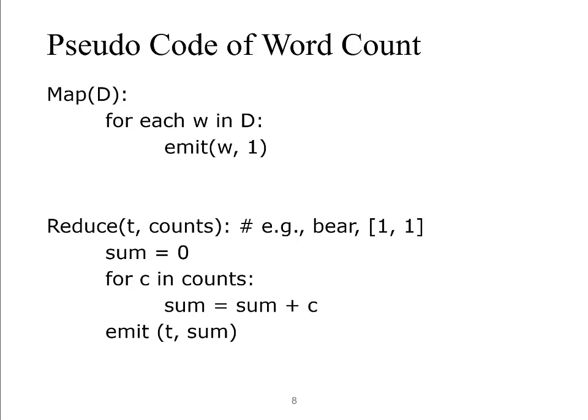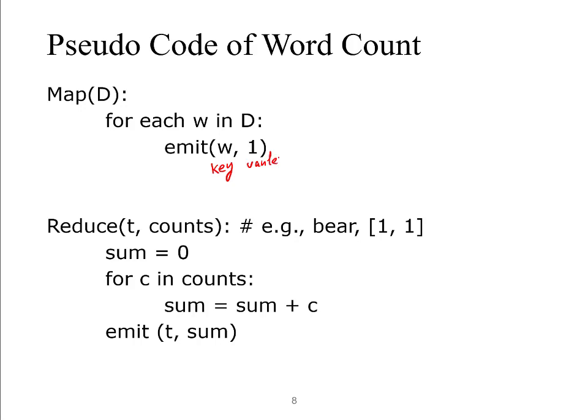So for map, the input is D, which is a split of the data or a block of the data. And what the function is doing is, for each word W in D, output a key value pair. So W is key and 1 is value.